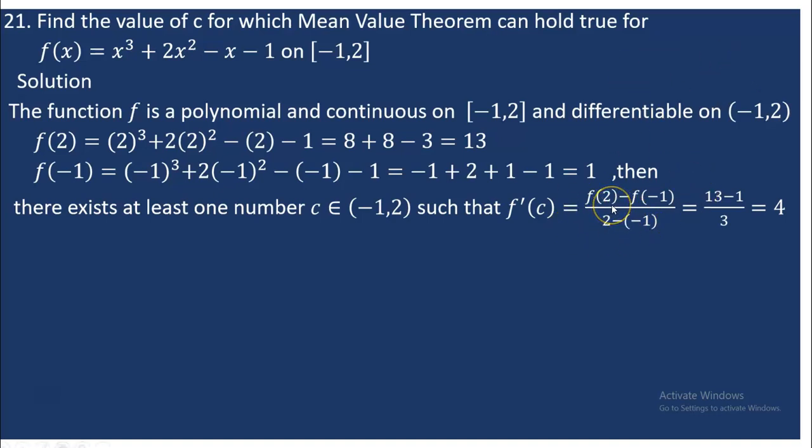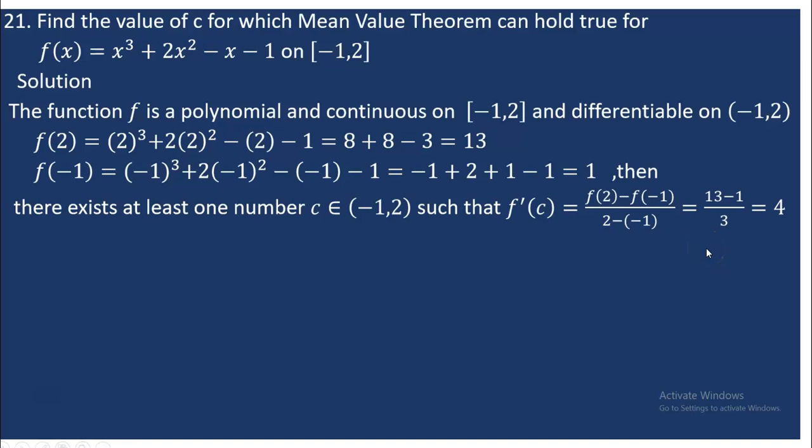We already calculated that f at 2 is 13 and f at -1 is 1. So 13 minus 1 divided by 2 minus -1 is 3, and this makes 4. So the derivative of f at c now comes 4.